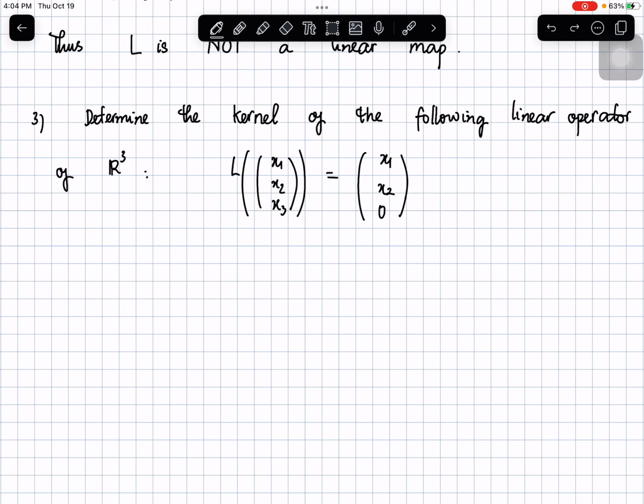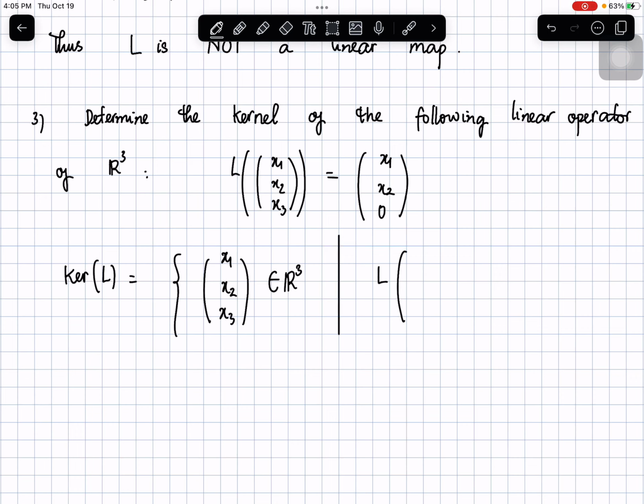And recall that the kernel of F is a set of points in the domain, say x1, x2, x3 in the domain. The domain is R3, such that these points map to 0 in the codomain.